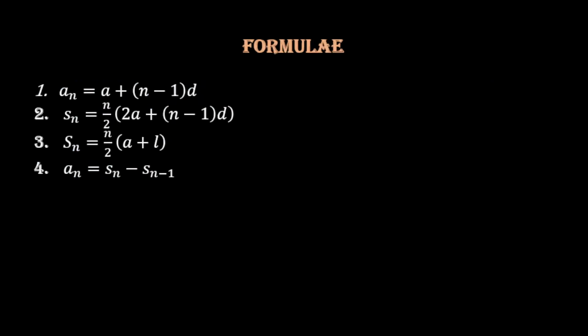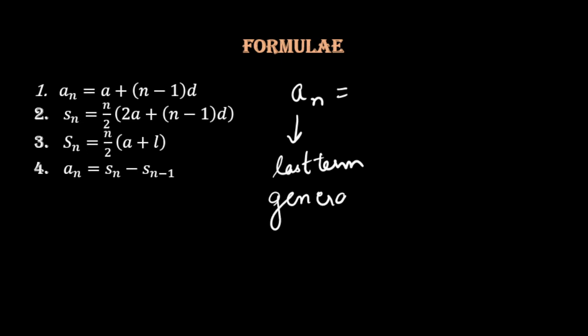Let's see a few formulas which we will be using while doing the questions of this chapter. The first formula we are going to use is An, for the general term or last term. Its formula is a plus (n minus 1) into d.